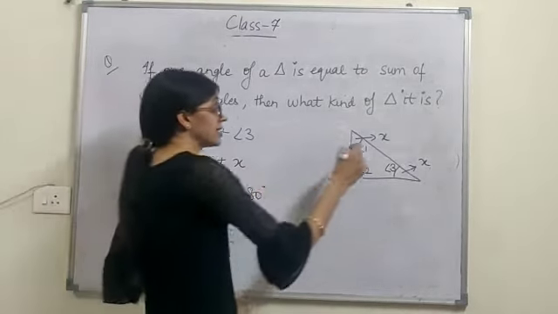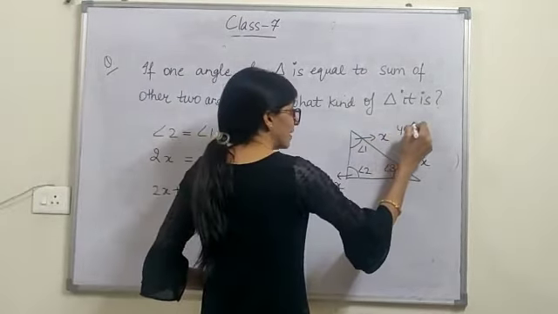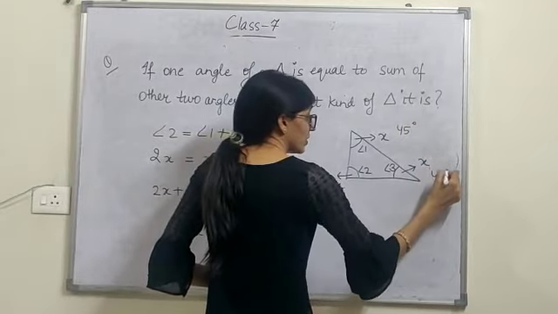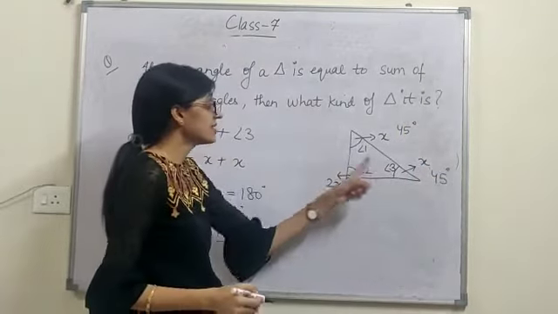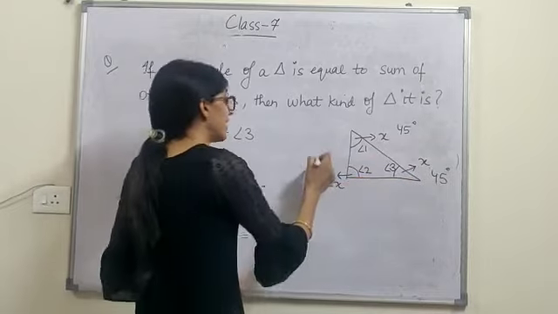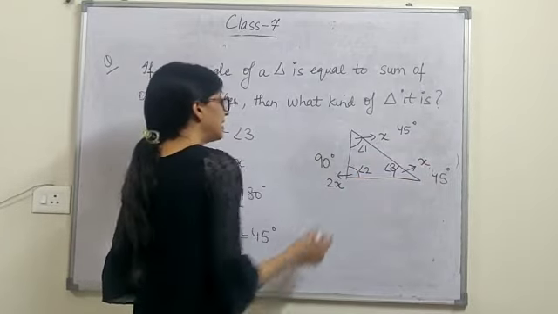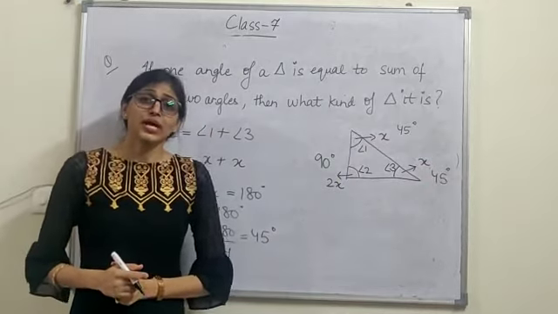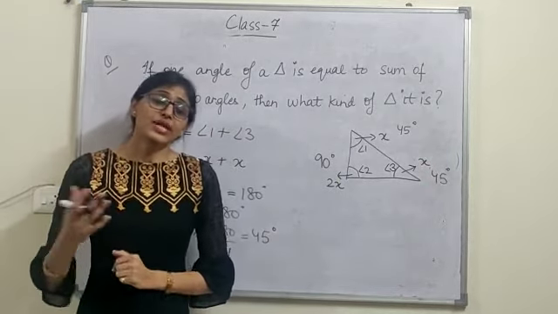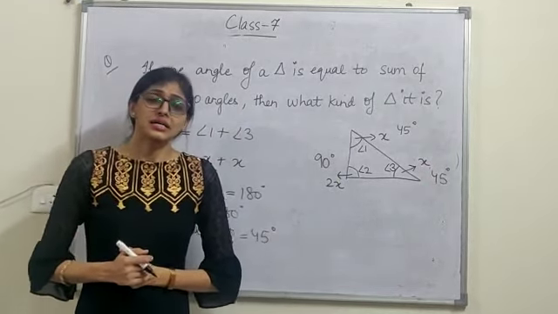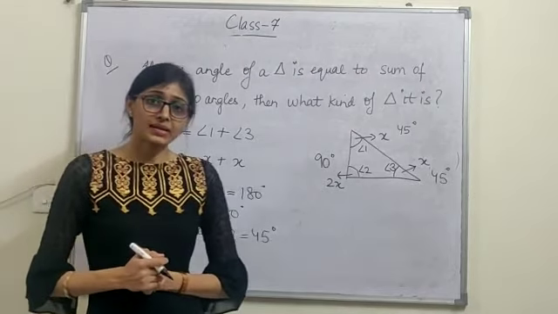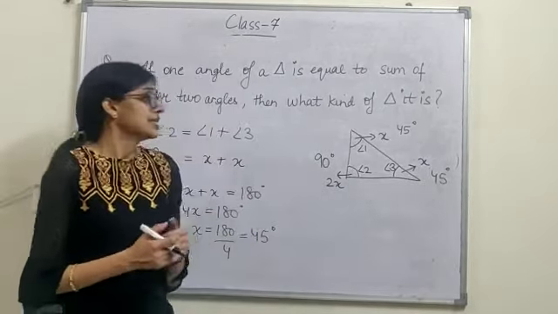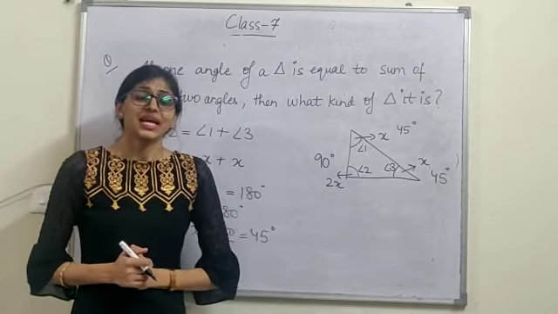That means if this angle is equal to 45 degrees, this angle equals 45 degrees, this is 45 plus 45, 90 degrees. So this is your final answer. In this way, you can find some more examples related to angle sum property and exterior angle property. I hope this session is clear to you. Thank you very much.